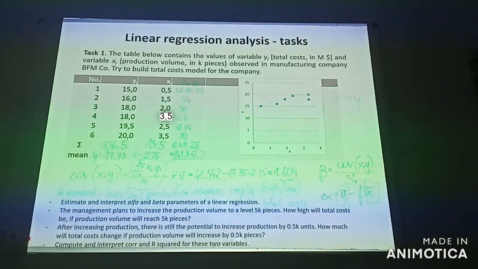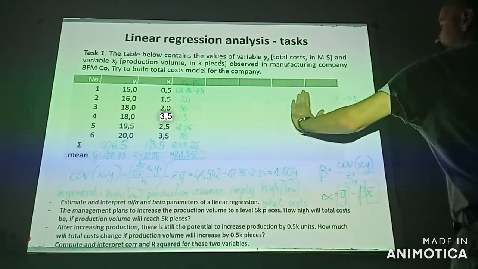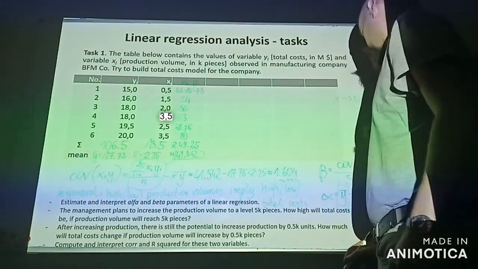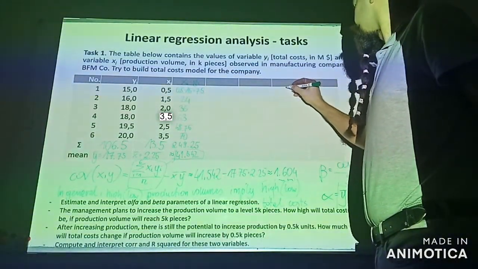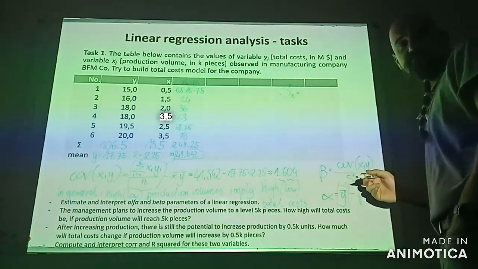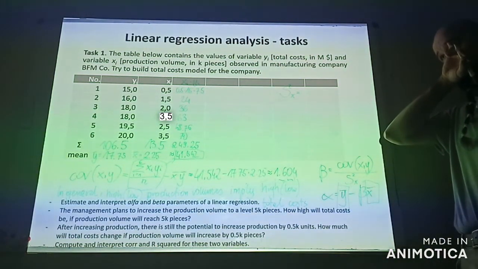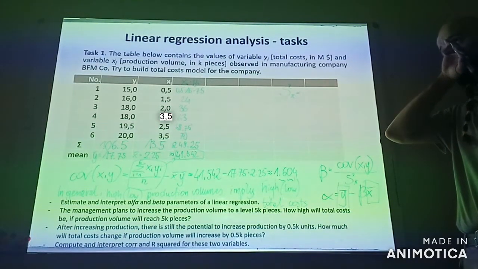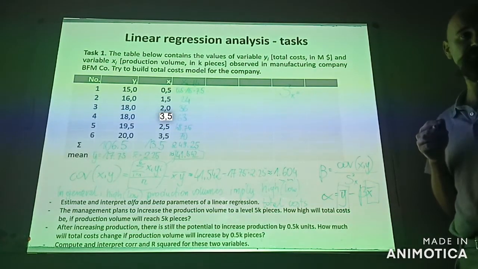We need the formula for the variance of production volume. Okay, I have some space. The variance of x can be denoted by the formula. Let's remind ourselves the topic of classical measures of dispersion.